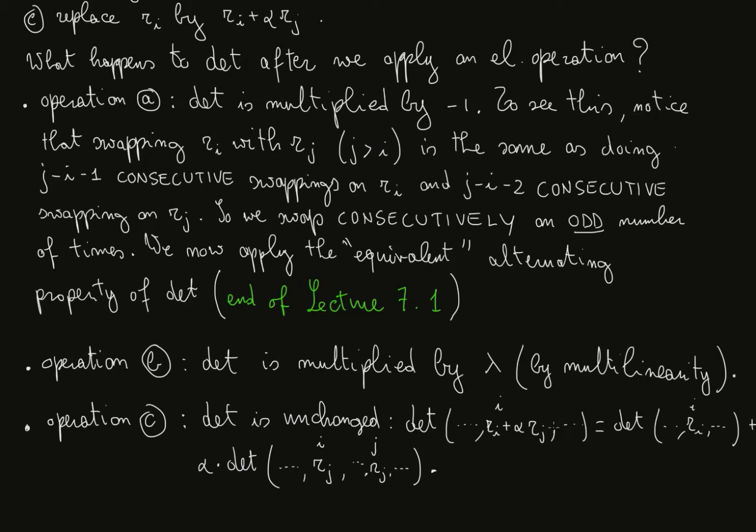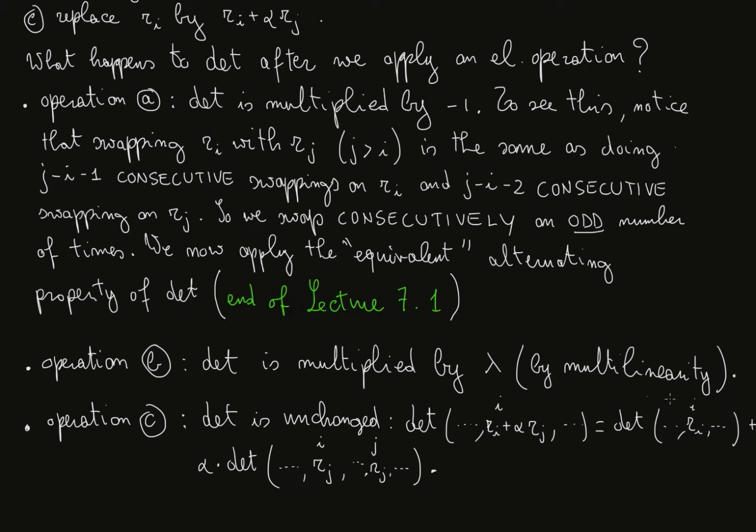We will get that the determinant of these n vectors can be written as the determinant of, well, the first i minus 1 vectors unchanged, then the ith vector picking up just the first summand, so Ri, and then the remaining vectors left unchanged.